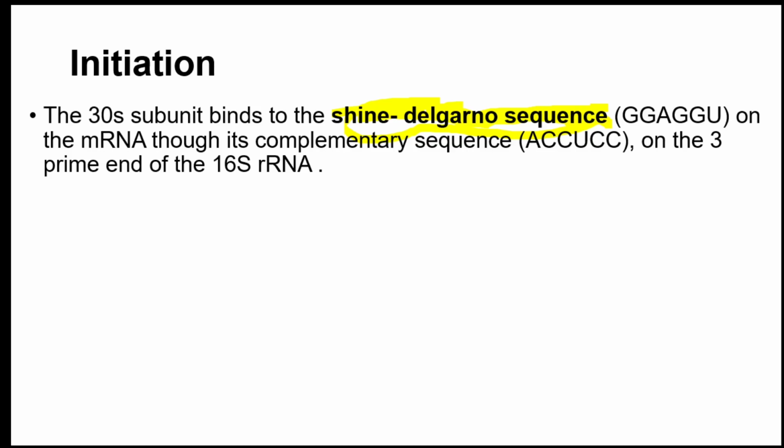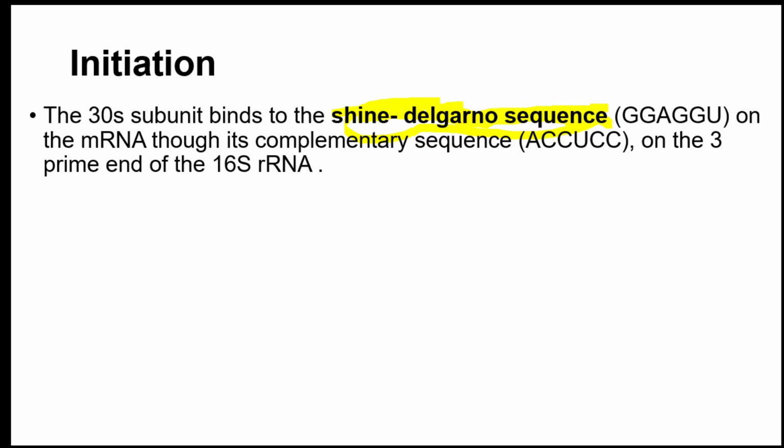Let's also remember that ribosomes have two subunits: the 30S subunit and the 50S subunit. The 30S subunit is the one which binds to this Shine-Dalgarno sequence.